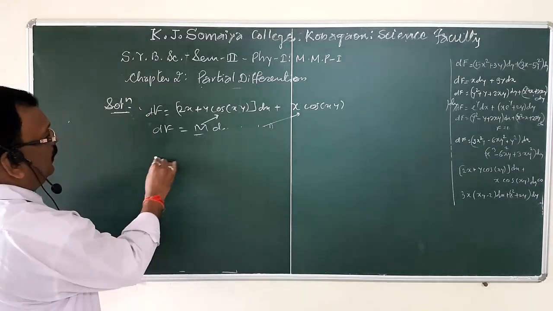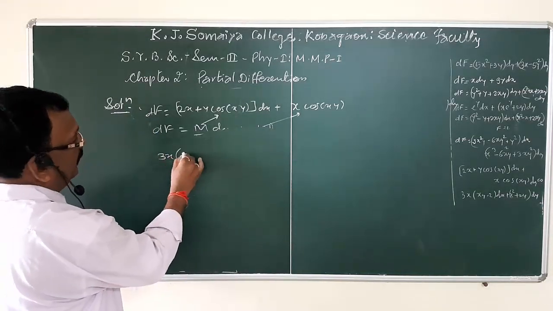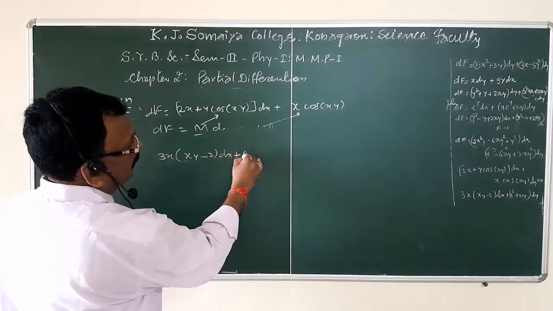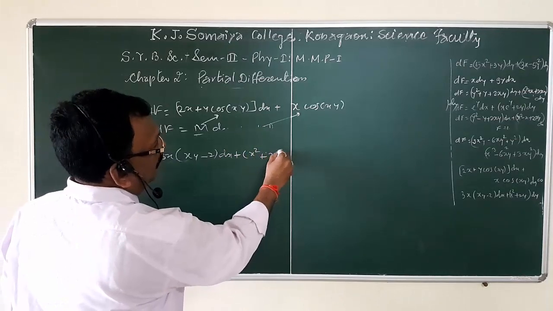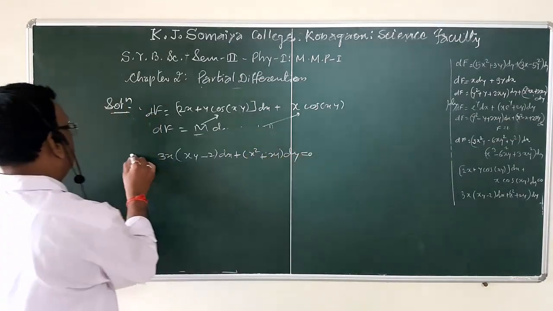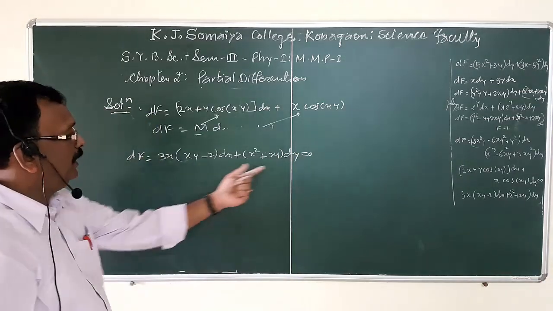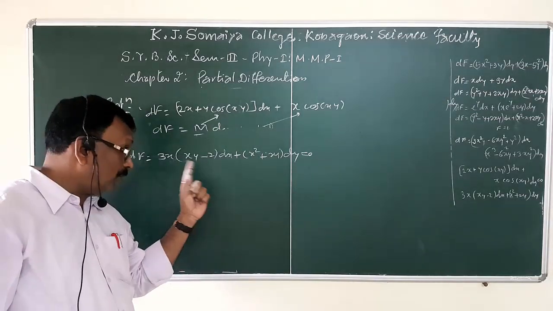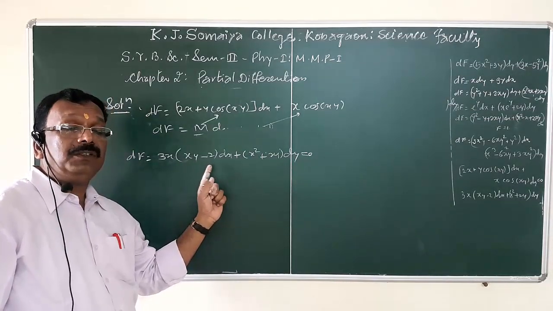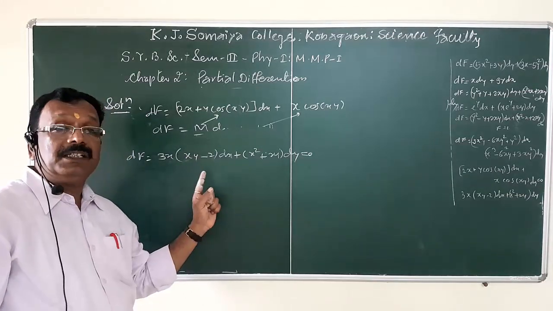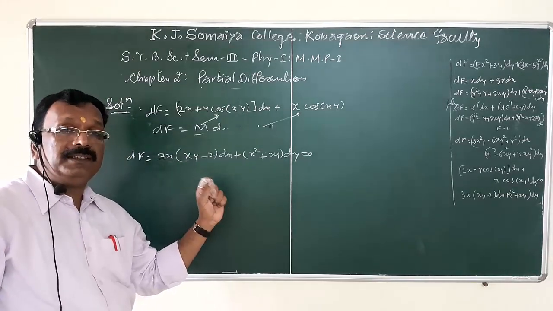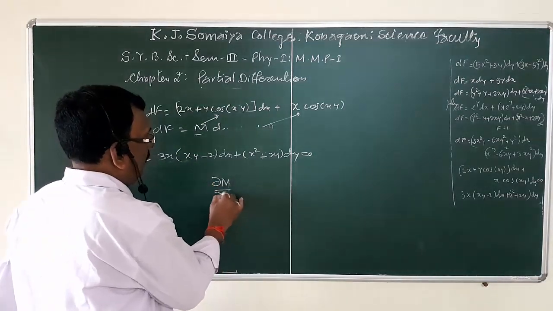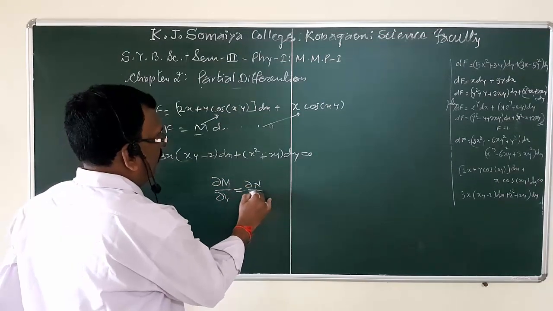And the last problem for homework is 3x(xy minus 2) dx plus (x square plus 2y) dy is equal to 0, or this is the differential equation. When this differential equation is equal to 0, then this is exact differential. But in order to prove this exact differential equation, you have to show that it satisfies the essential condition for an exact differential equation, that is ∂m/∂y is equal to ∂n/∂x.